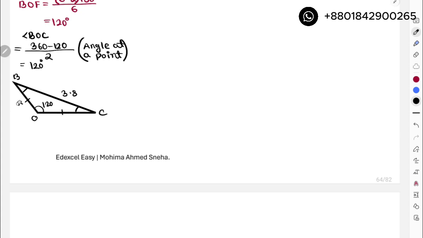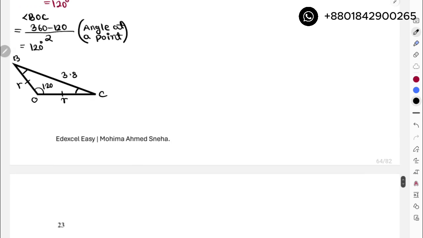Because x and x are radii actually. Let's not write them as x. We know them as radius, so just keep it as radius. So in that reference, angle OCB is equal to angle OBC, that is x, obviously because OB and OC are the radii of this circle, right?